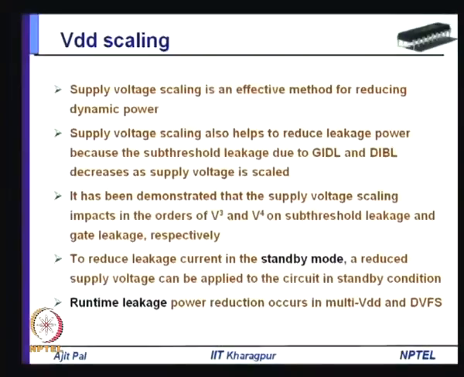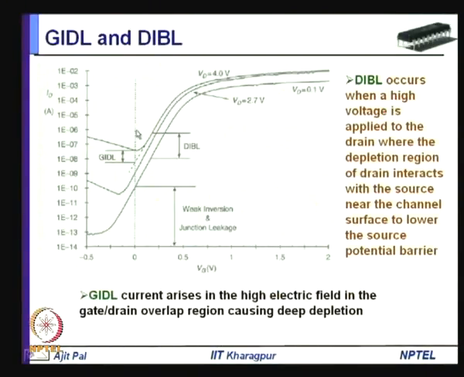Our primary goal is to reduce the dynamic power, but as you reduce the voltage, there will be reduction in leakage power. Again, it is a kind of bonus. You are not really applying any specialized technique for that. This happens because of the GIDL and DIBL effects.